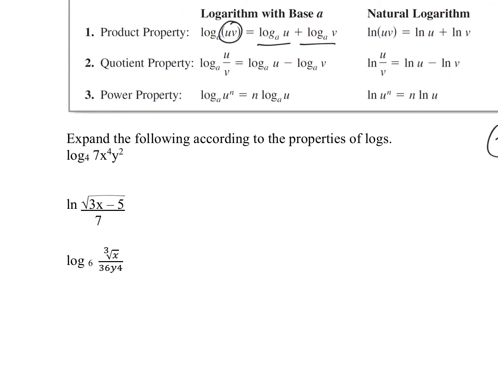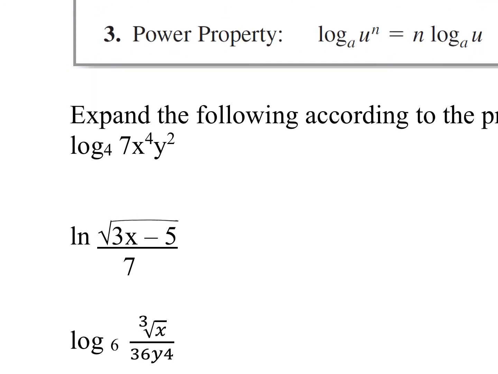So we're going to expand this. Our goal here really is to write this so that each logarithm is basically as simple as possible. We will end up with taking one complicated logarithm and splitting it into more than one. So what I notice here is that I have log base 4 of 7x to the fourth times y squared. Well, one move I can make is kind of breaking up this product.